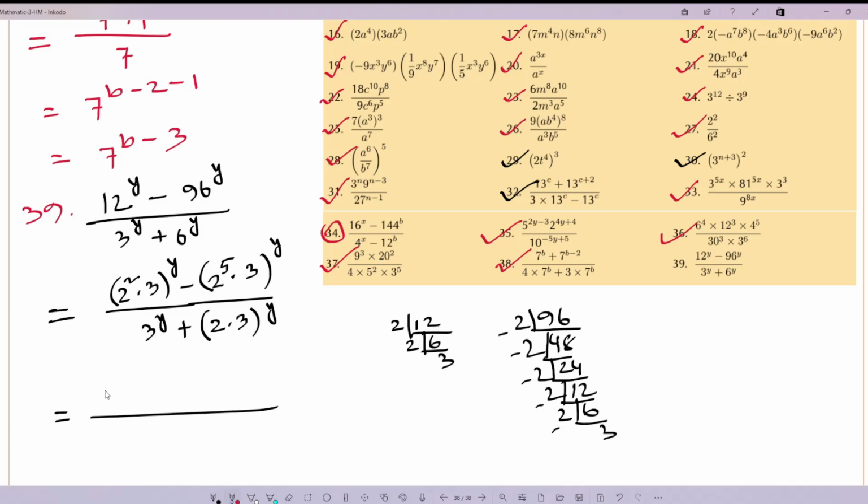So this one we can write 2 to the power 2y times 3 to the power 3y times 3 to the power y minus 2 to the power 5y times 3 to the power y divide 3 to the power y plus 2 to the power y times 3 to the power y.